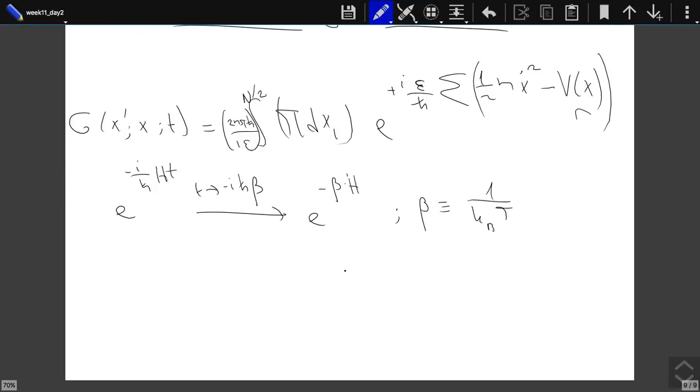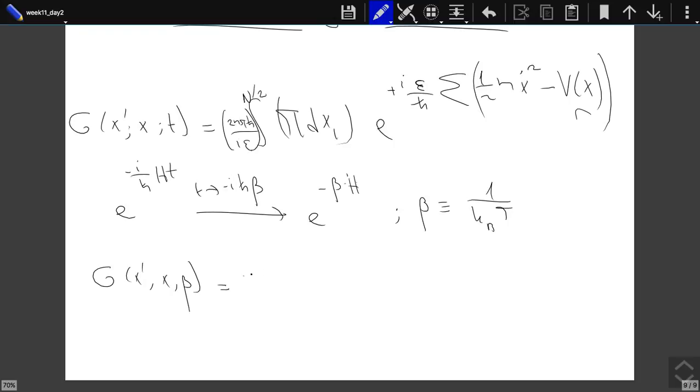But if you make this transformation, G of x prime, x, t becomes a function of beta. Well, we also make the same transformation in epsilon.